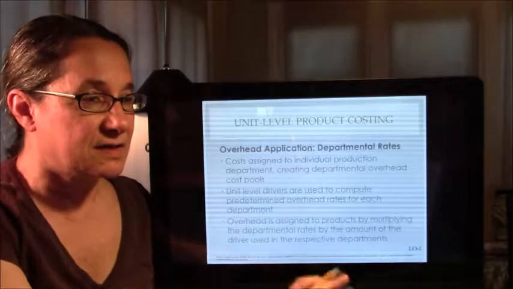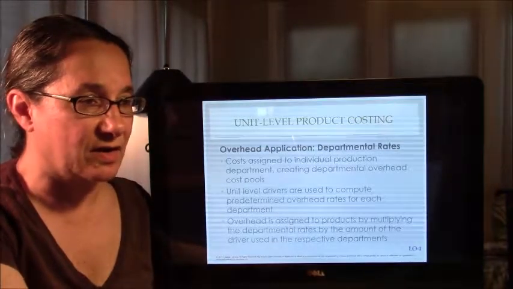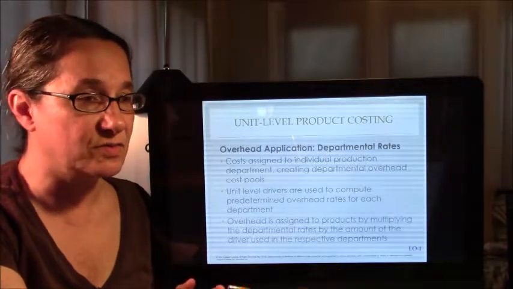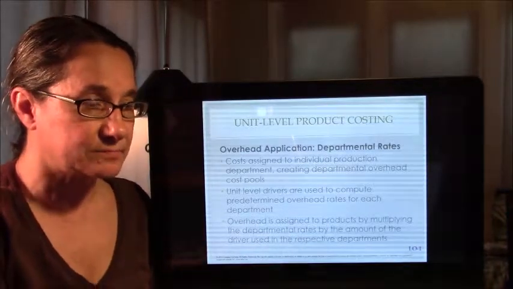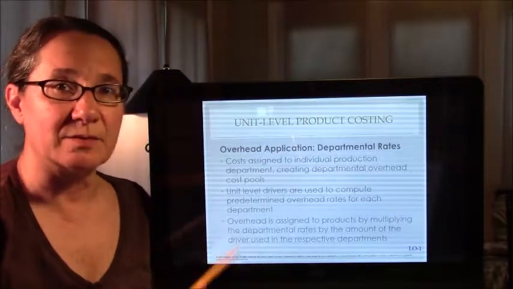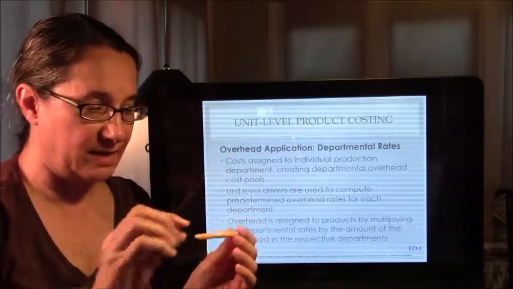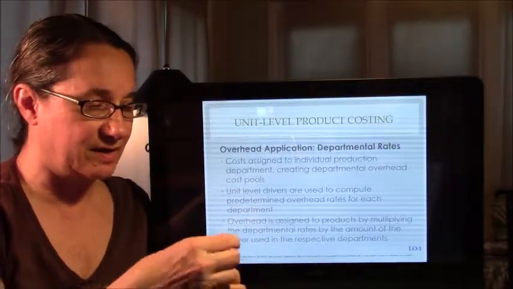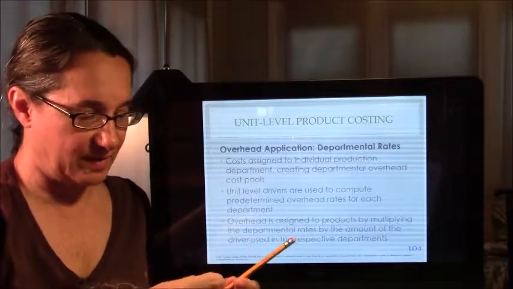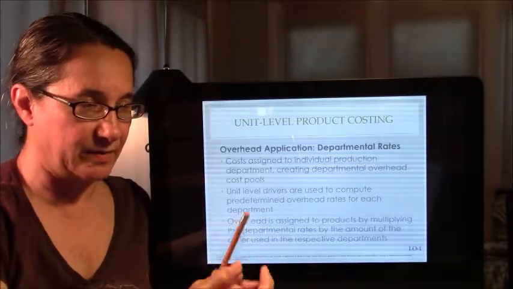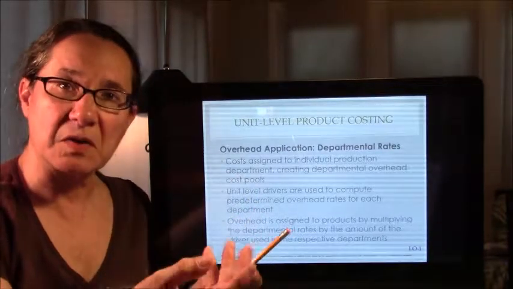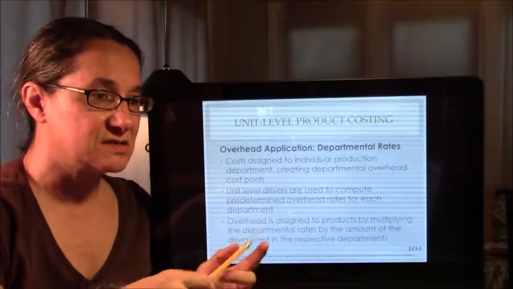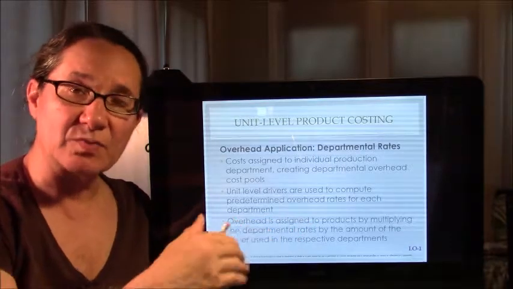So when we're doing unit level product costing, sometimes we add our overhead at departmental rates. So you can imagine as you're making a pencil, maybe we have the wood lathing part where they mold the pencil wood, and then we have the assembly part where they put the wood and the metal and the rubber all together. So you got two different departments, right? So sometimes you'll assign costs creating a department cost pool.